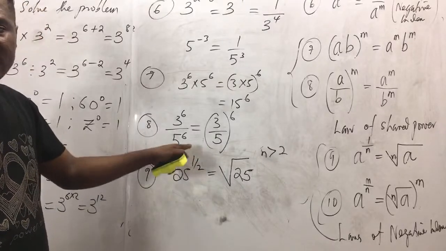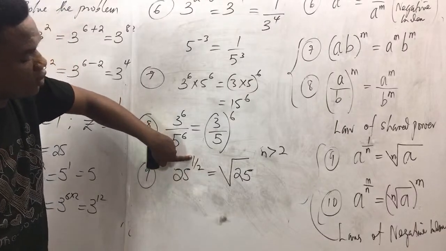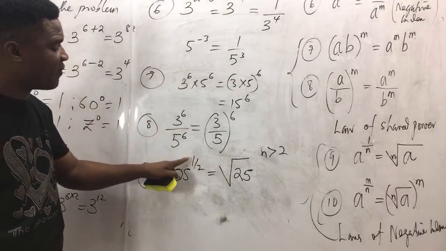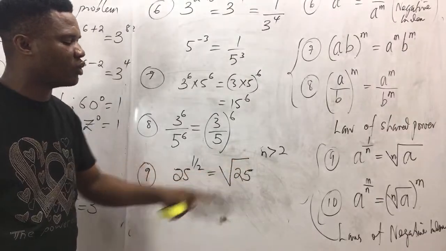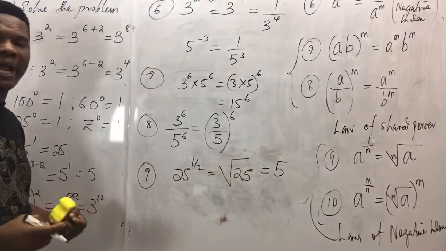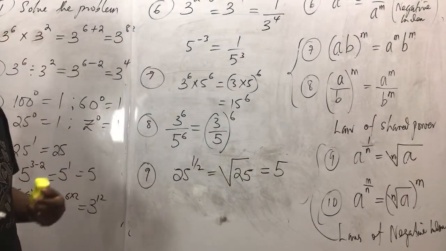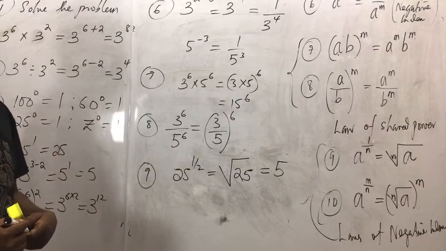The index here is fractional, and the numerator is 1. So 25 raised to power half will be the square root of 25, and that gives me my result as 5. Okay? Why? The square root of a number is that one number that would multiply itself twice to give that number producing the square root.